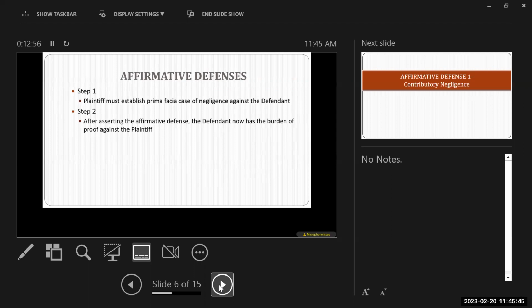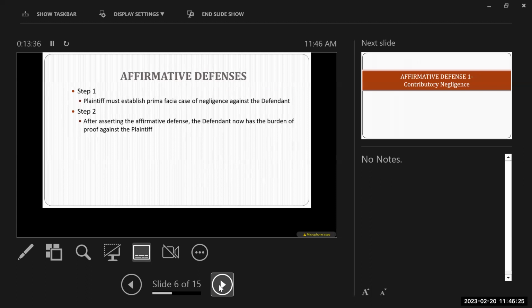Once the plaintiff has established a prima facie case of negligence, the defendant may be able to assert an affirmative defense, thereby allowing the defendant to go unscathed, meaning that the defendant doesn't have to pay the damages for the injury that the plaintiff suffered. So what does this look like? Step one, the plaintiff establishes a prima facie case.